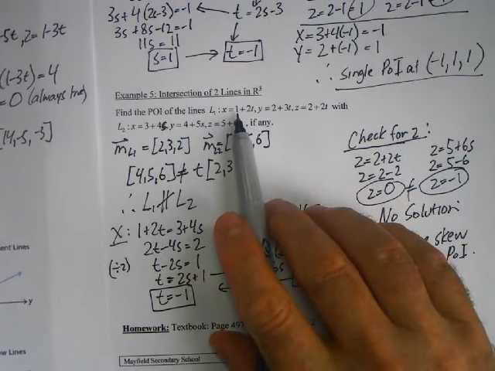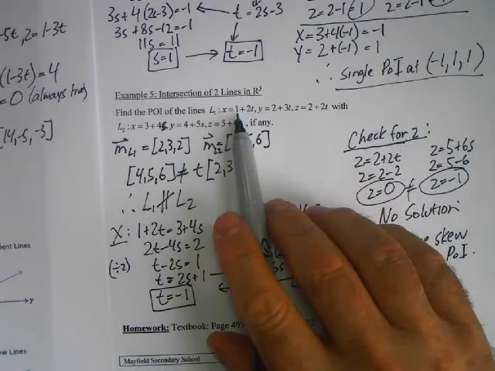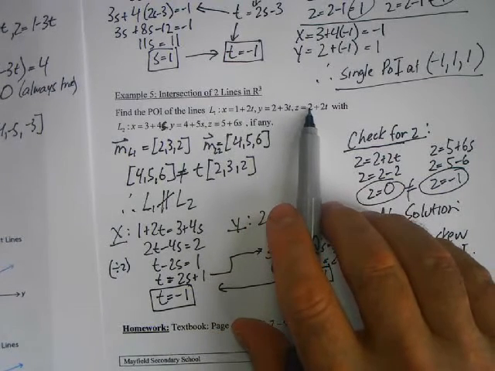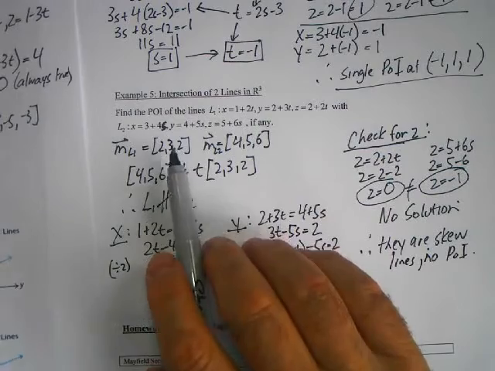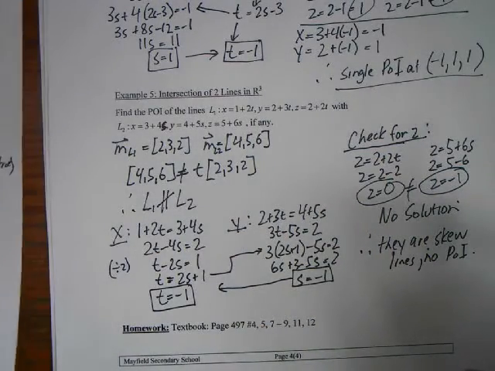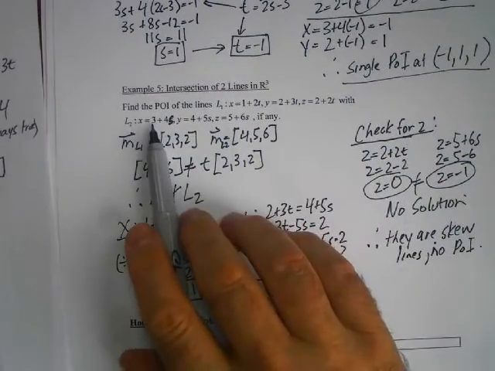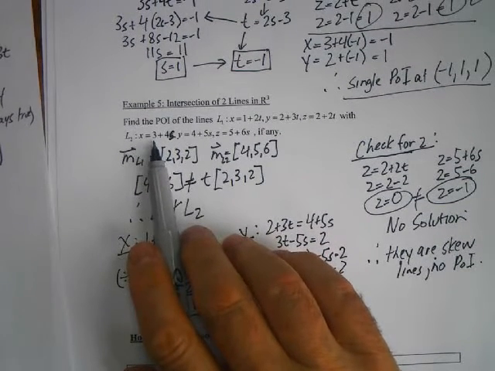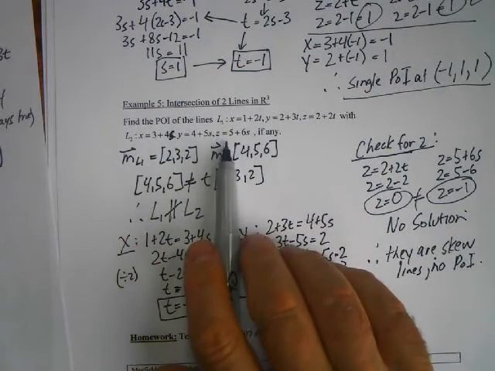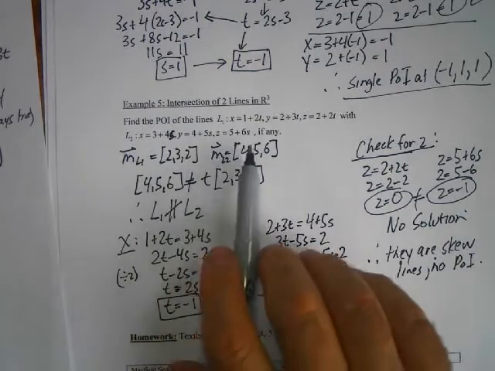You could plug that into the second line and see if that point's on that line, or you could take a point that you know is on line 2, 3, 4, 5, and see if that works. And if it's on the line, then you know that they're coincident.